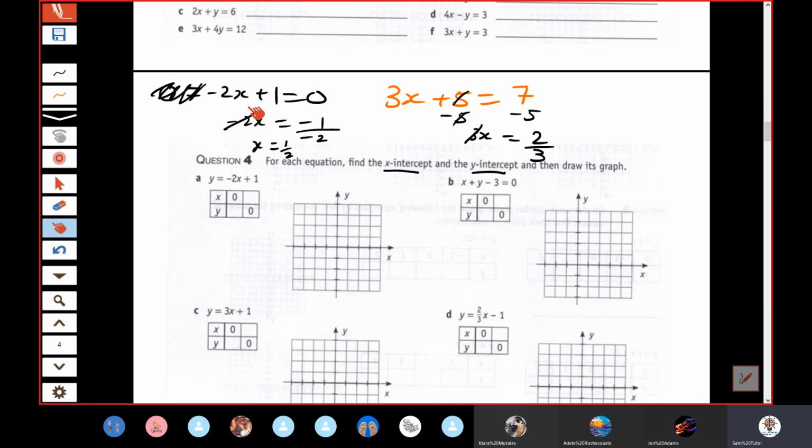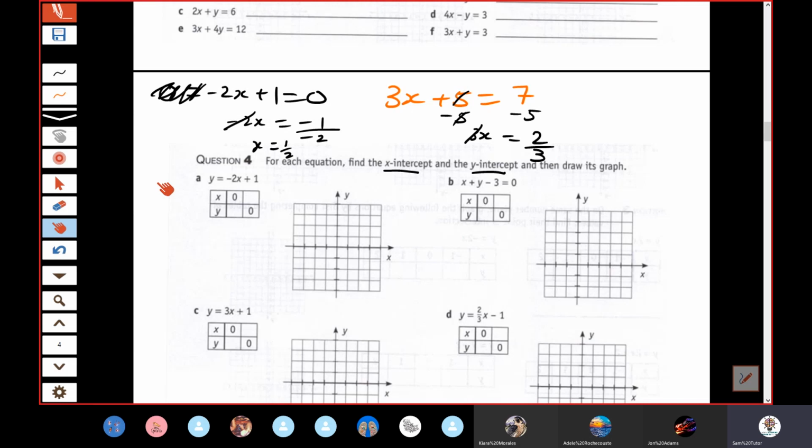The idea is when you're solving for x, you leave what it's attached to till the end. So you first get rid of the plus 1. I first got rid of the plus 5. Then I have to get rid of the 3. Then I have to get rid of the negative 2. So I divided by negative 2, or in this case, I divided by 3.